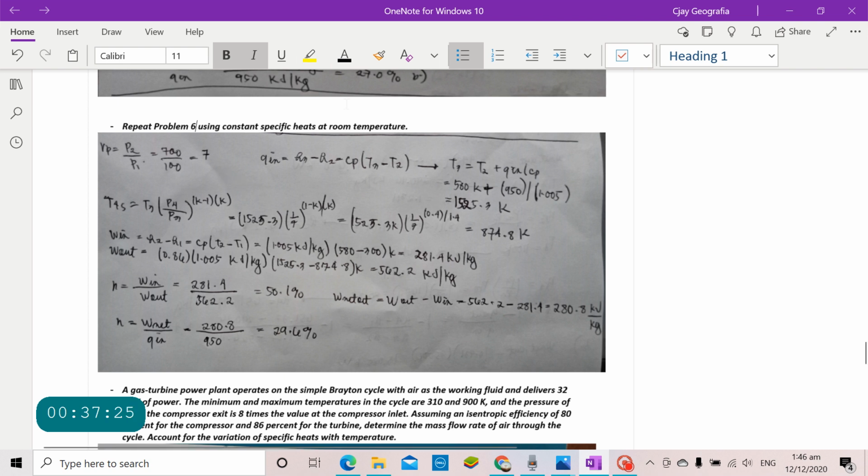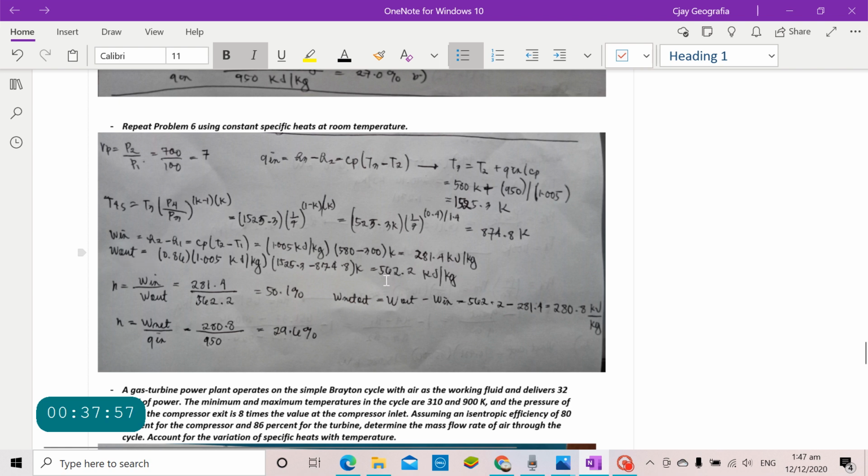As you can see, manipulate it using this formula. You have to put the values. We know that K is 1.4, so manipulate until you get the 874.8 K. For solving for the work out, the formula is H2 minus H1 is equal to Cp (T2 minus T1). Then manipulate, put its values, as well as this work out is the same formula.